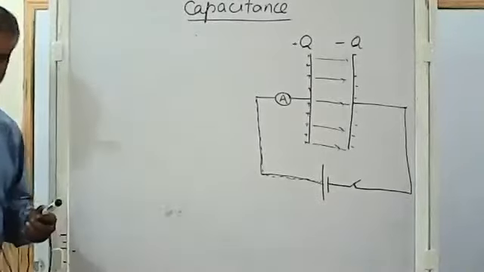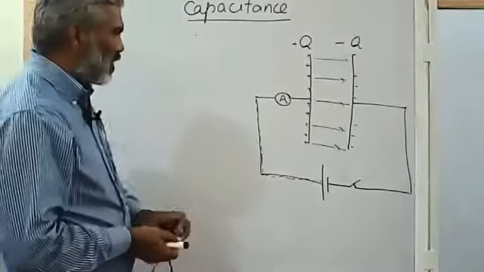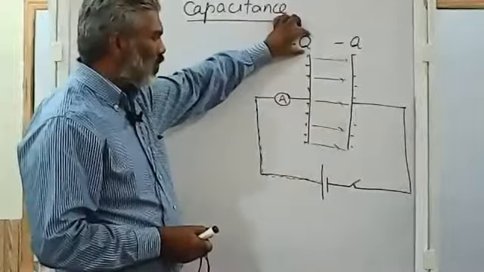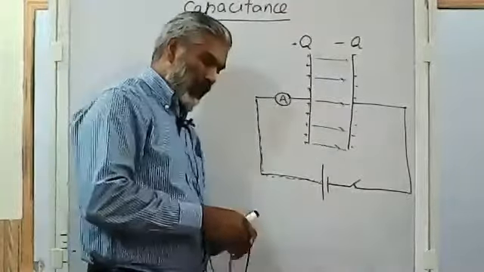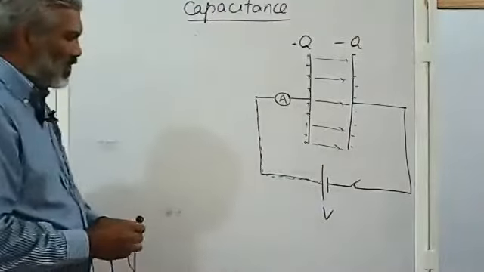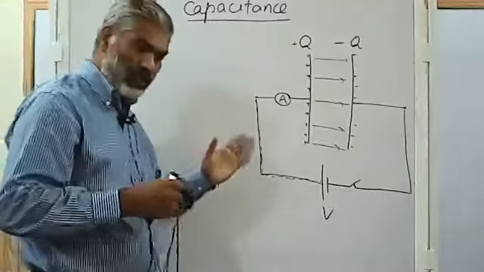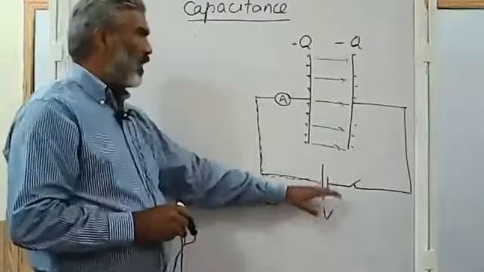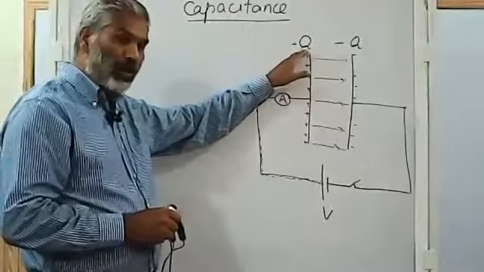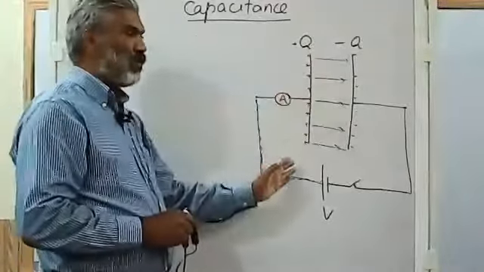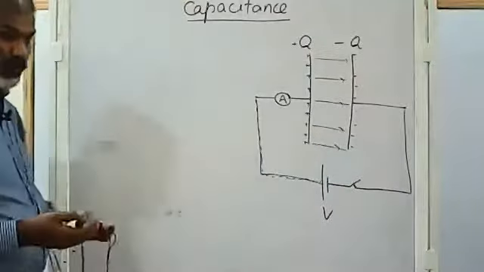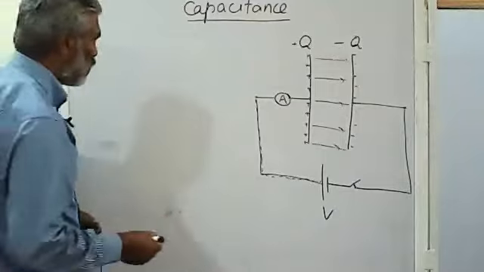Capacitance is basically the ability of a capacitor to accumulate a charge Q with the help of a given potential V. Suppose the difference of potential that you have provided to these two plates is V, and as a result you have accumulated Q charge on each plate. This is positive Q on this side, negative Q on this side, but the magnitude is Q on each plate.